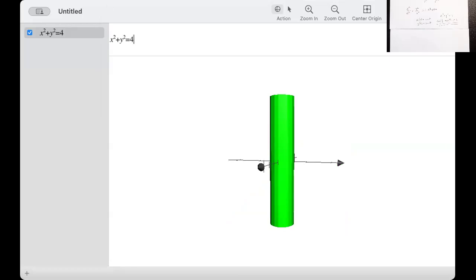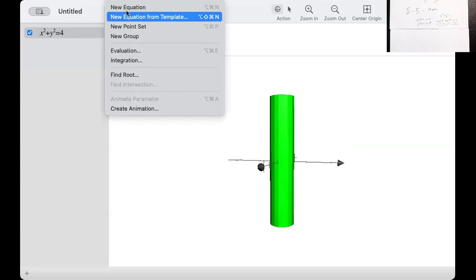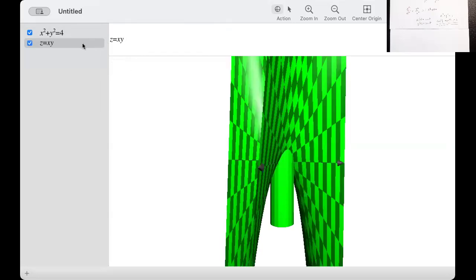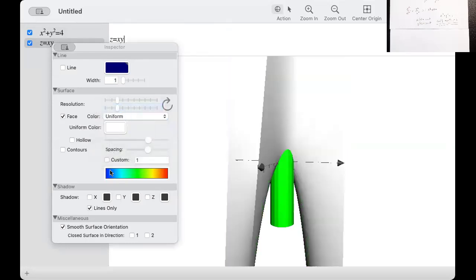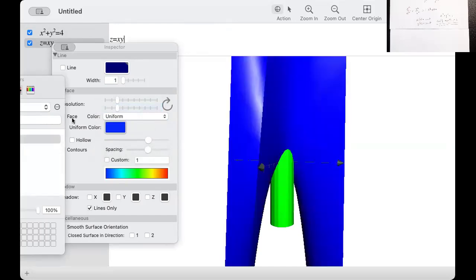Now I'll add a new equation. What's the other part? Now that is not an equation that fits our standard idea, but it tells me that this is just some surface. I'm going to change the colors on that. So let's make that solid and we'll make it blue, so it's easier to differentiate the two of them.